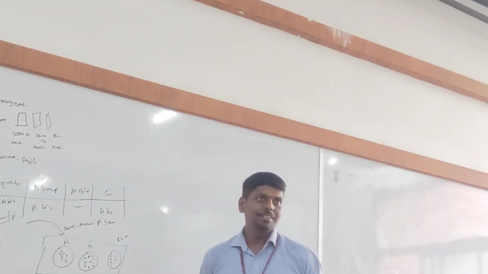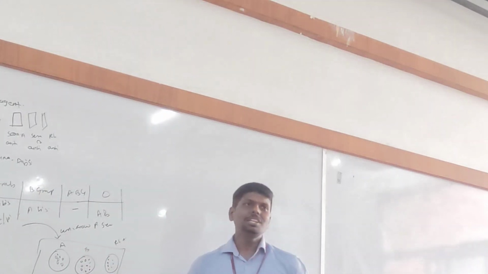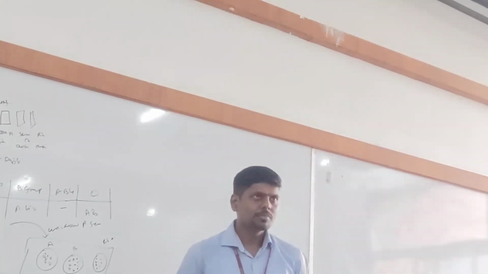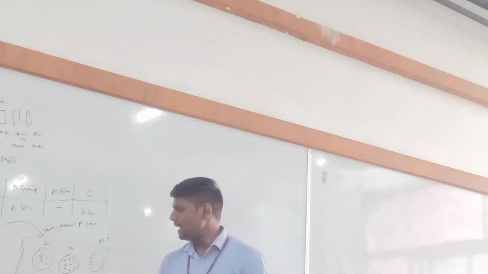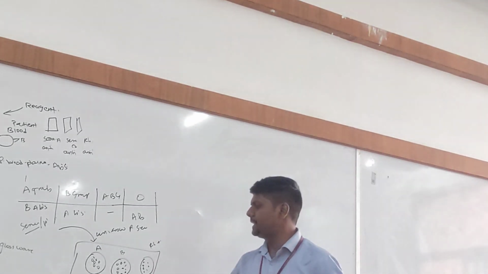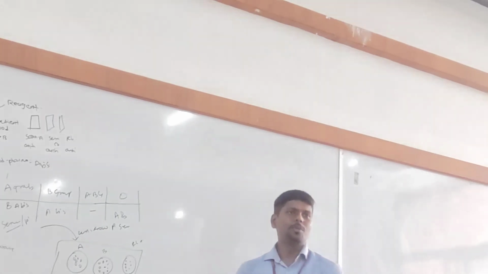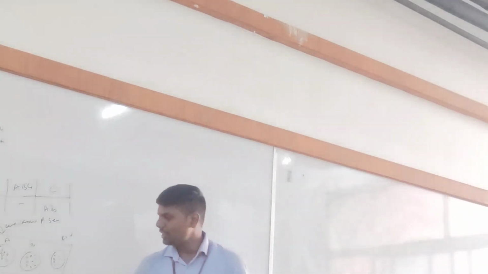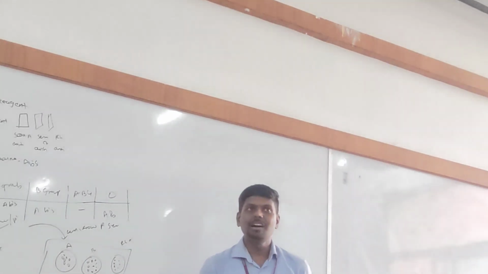Yes, now I am adding the unknown patient serum. Let us assume, upon adding, I got agglutination in this circle. What is the blood group now? Upon adding patient serum, I got agglutination in here.